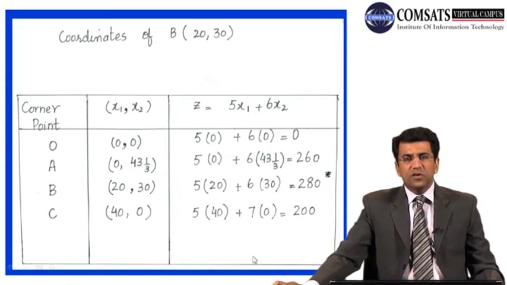And in this particular case our maximum profit is 280, because that is the best alternative among all of these feasible alternatives. So what is the final decision? That the operations manager will have to produce the 20 units of x1 and 30 units of x2 in order to maximize his profit equal to 280.